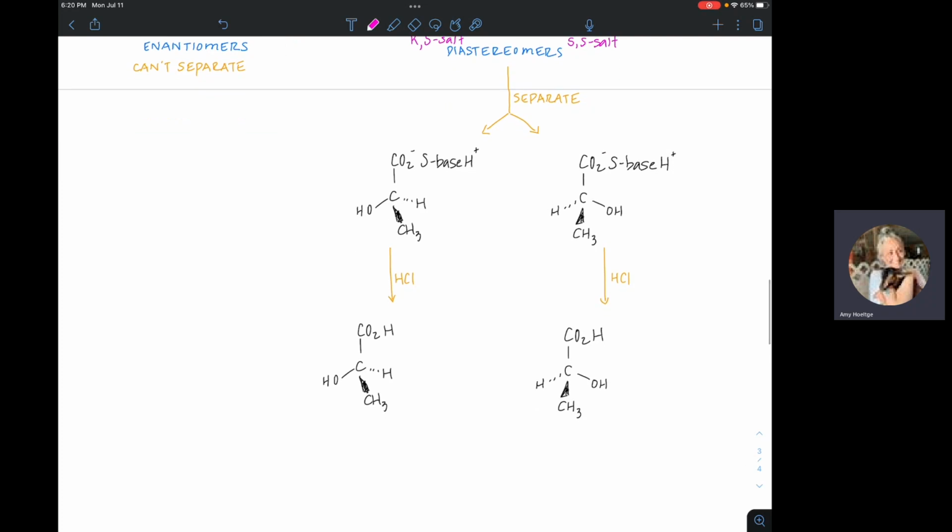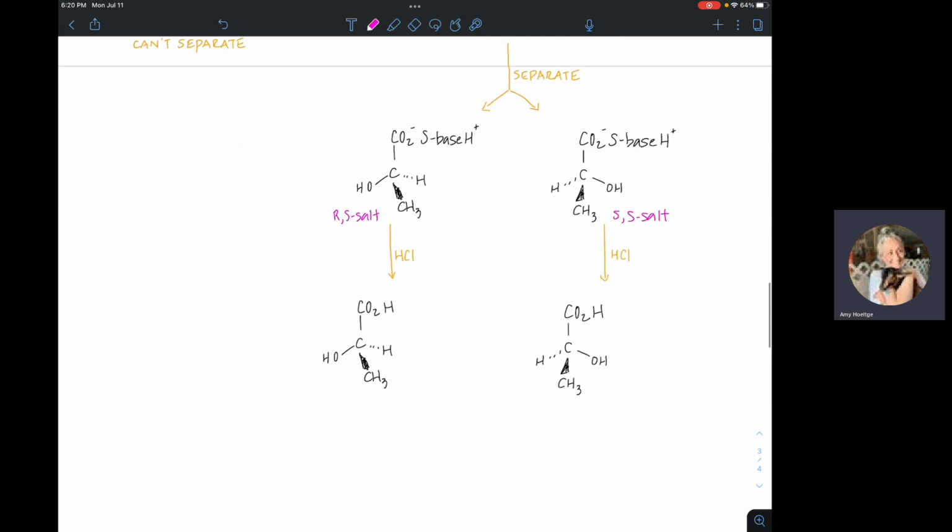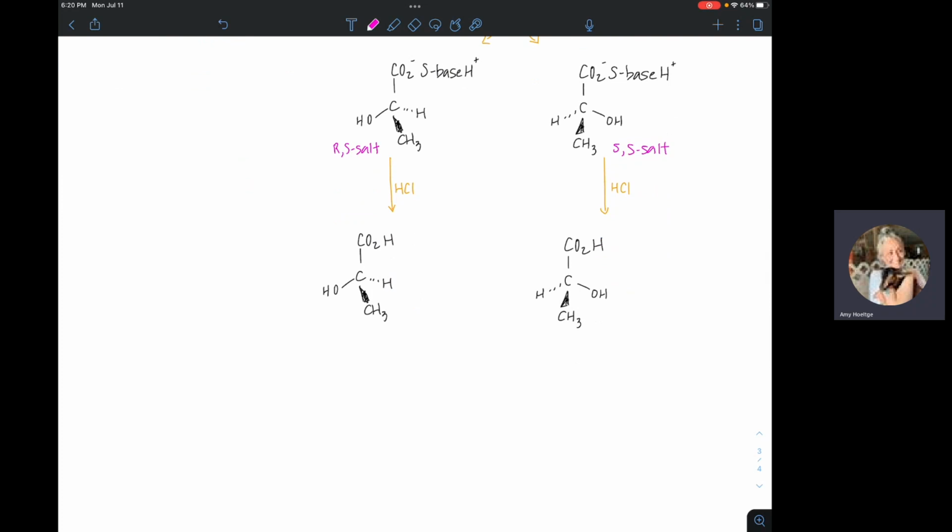What do I have down here? I have RS salt down here. Over here, I have my SS salt. Because remember, my base was S. And when I separate these, what do I have?